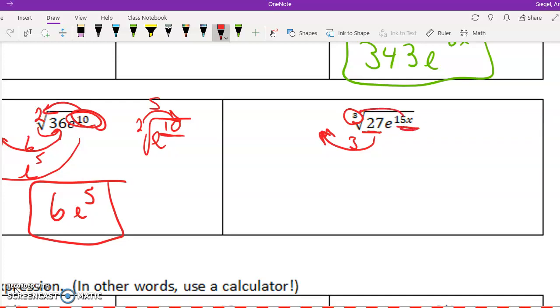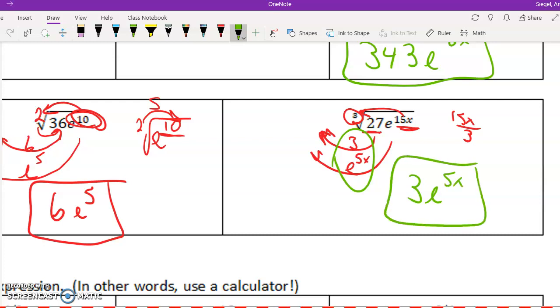Here, I'm going to do 15x divided by 3. That's what's going through my process. So with roots, you divide by the exponent. So this is going to come out as e to the 15 divided by 3, 5x power. So my final answer is 3e to the 5x power.